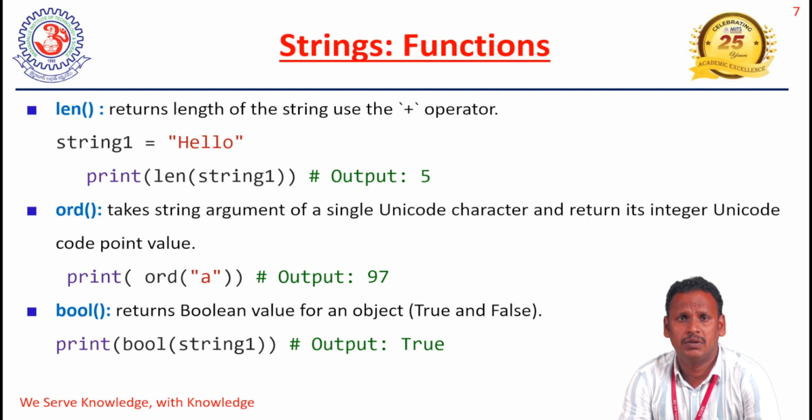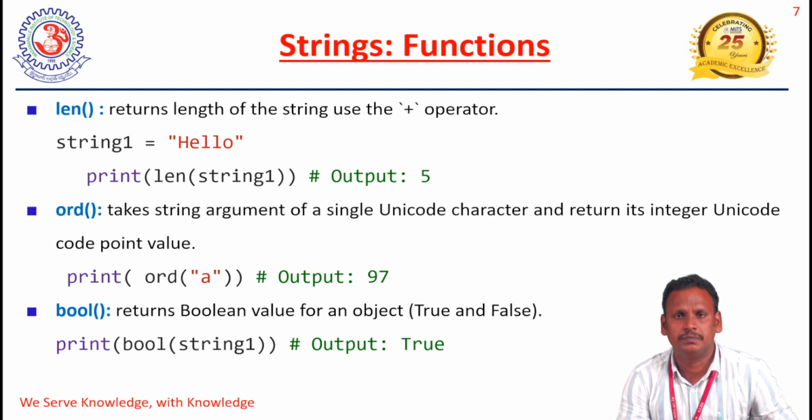That's why within the double quotes I am giving the a. And then the bool function returns either true or false. For bool of a string, if any content is inside the string, it returns true. If the string is empty, it returns false. So these are the string functions.